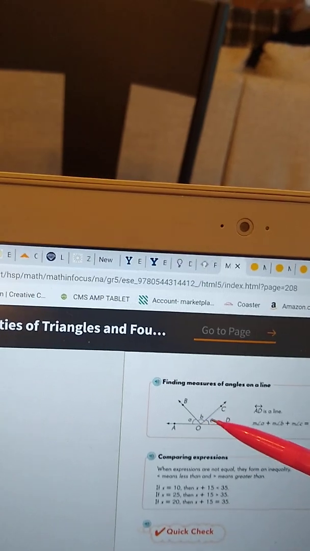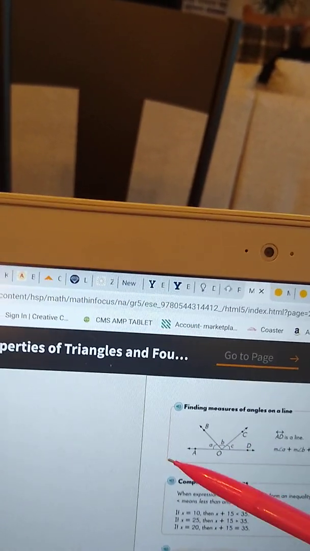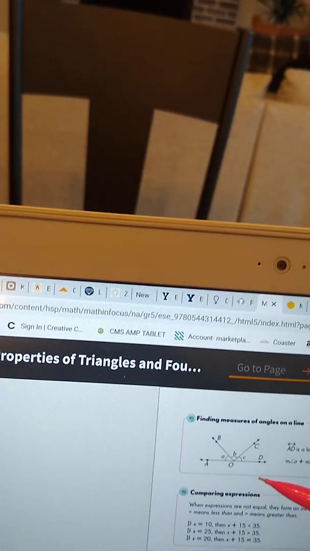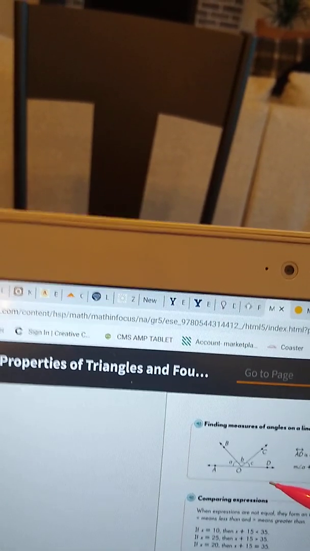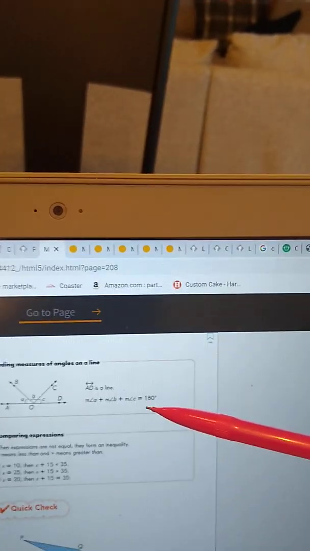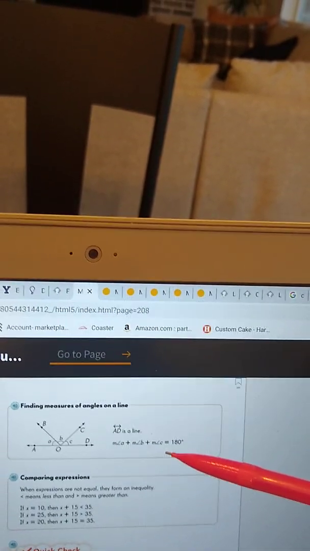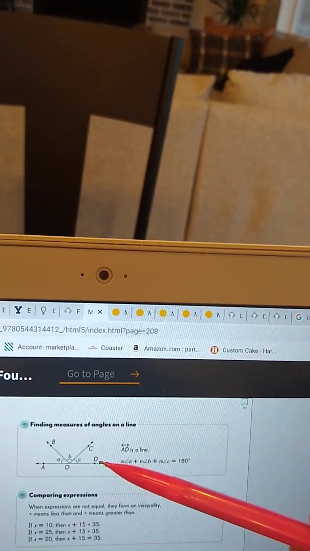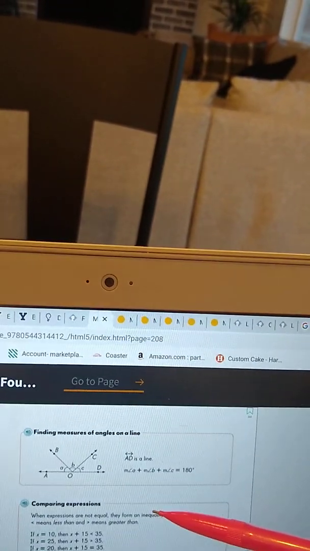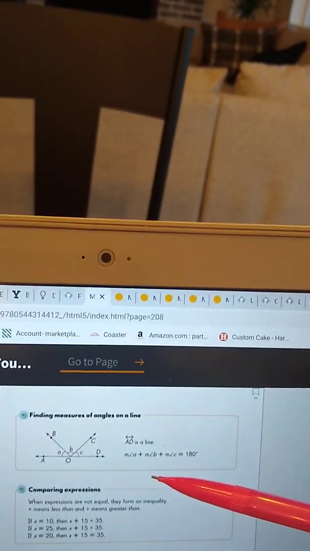And then a straight line, all of these angles inside there, you add them all together and they add up to 180 degrees. 180 degrees is always a straight line, okay? So they call this line here AD with a little line over the top. AD is the line because we have points A and D inside the line. And it's showing the arrows going on forever because a line can go on forever, okay? Don't get confused by that.